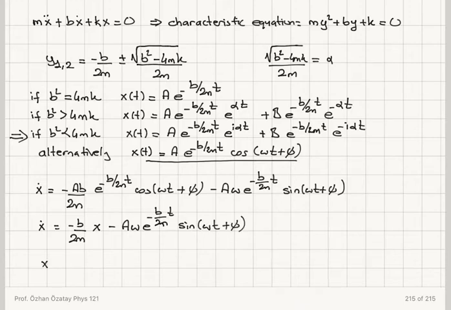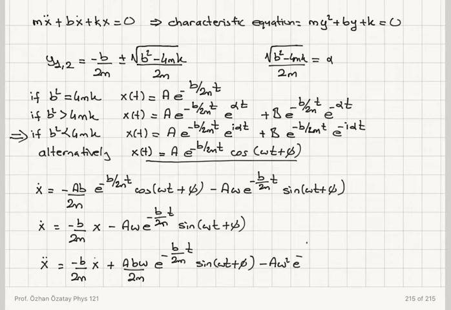If I take the second derivative, x double dot, I will obtain minus b over 2m x dot, plus a b omega over 2m e to the minus b over 2m t sine omega t plus phi, and then minus a omega squared e to the minus b over 2m t cosine omega t plus phi.